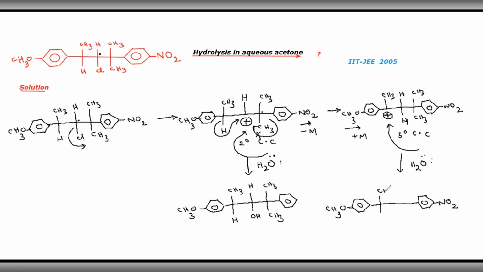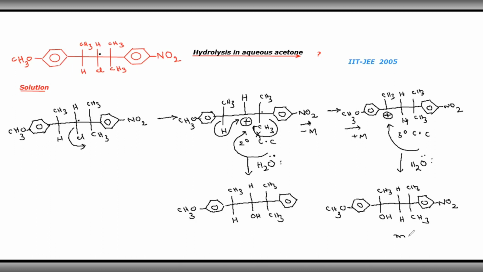On this carbon, methyl is present, and from H2O, OH attacks. And on this carbon, hydrogen and hydrogen are present. On this carbon, methyl and methyl groups are present. So, we got two products.